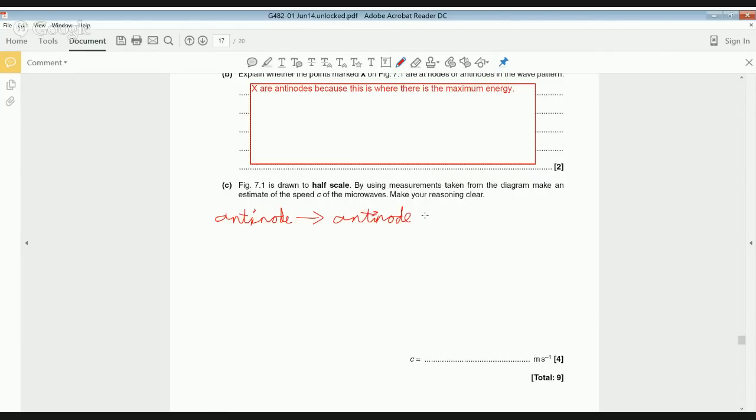And you can measure that from the diagram and then scale it, and that gives you 6 centimeters. I think on the diagram it comes out as 3 and you have to double it. Remember though, the gap from antinode to antinode is not 1 wavelength, it is only half a wavelength, lambda over 2, which means that our wavelength here for our wave is 12 centimeters.